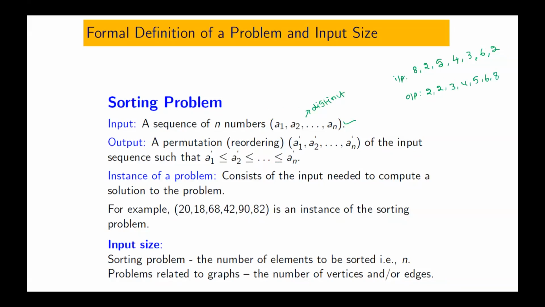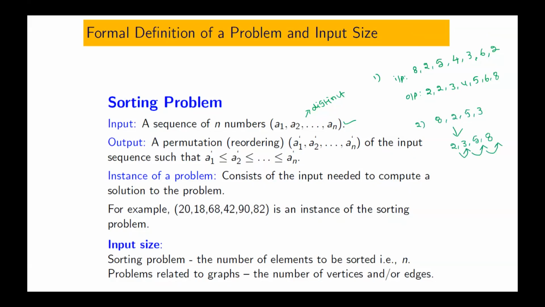Correct now? Okay. If we are given distinct elements 8, 2, 5, 3, then we can call the output a permutation of these 4 elements, such that the first element is less than or equal to the second element, which is less than or equal to the third, which is less than or equal to the fourth. That is actually the sorting problem.